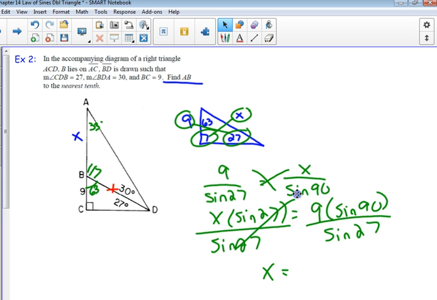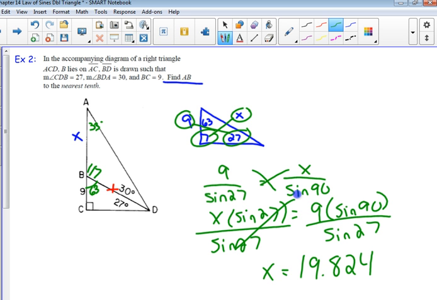Are you guys, at least for your first step, getting 19.824? Somewhere around there? Okay, good.